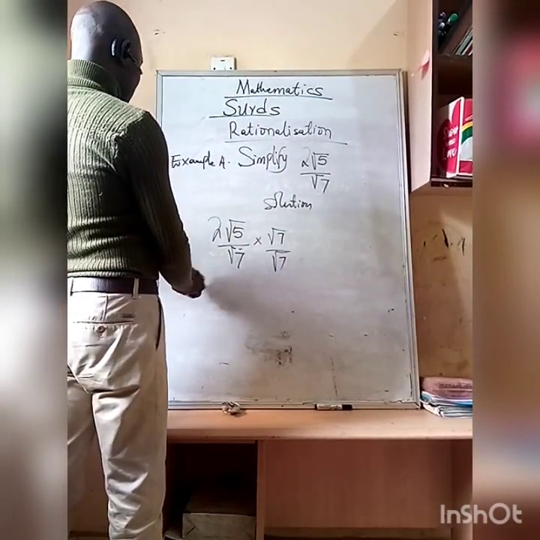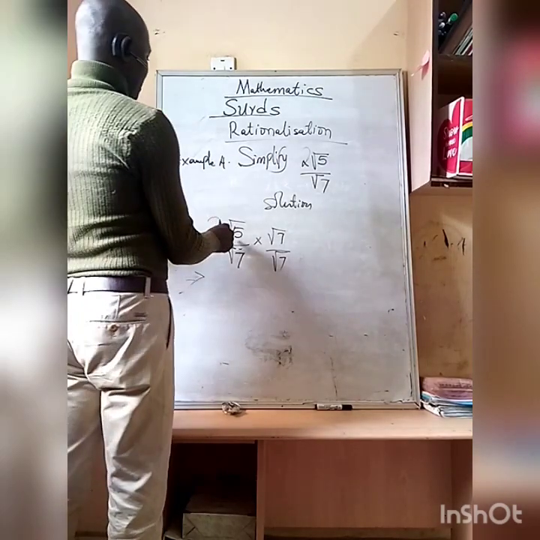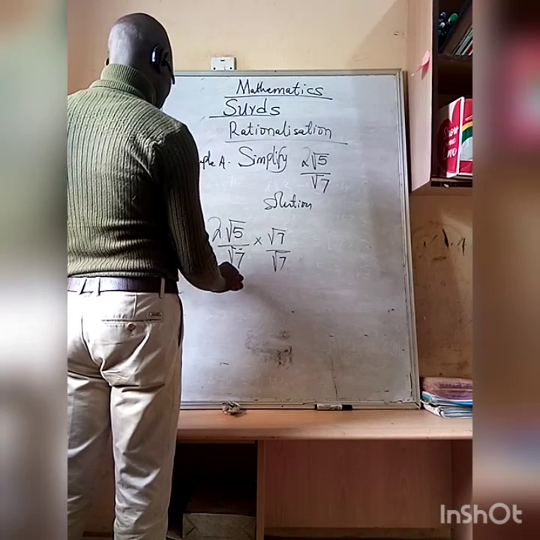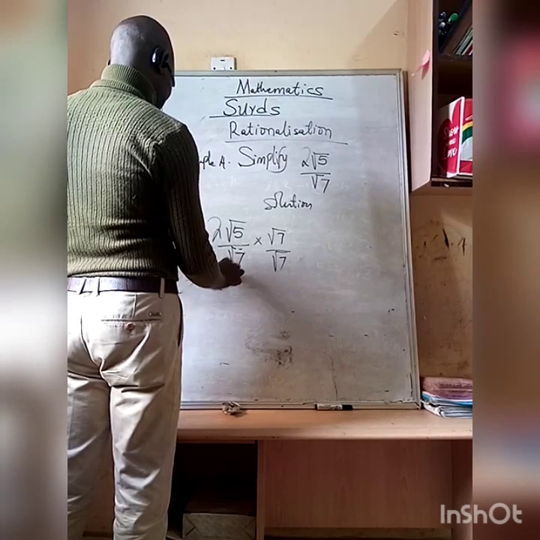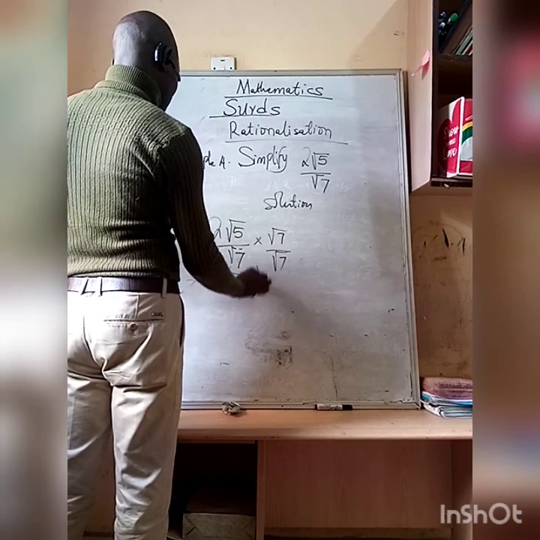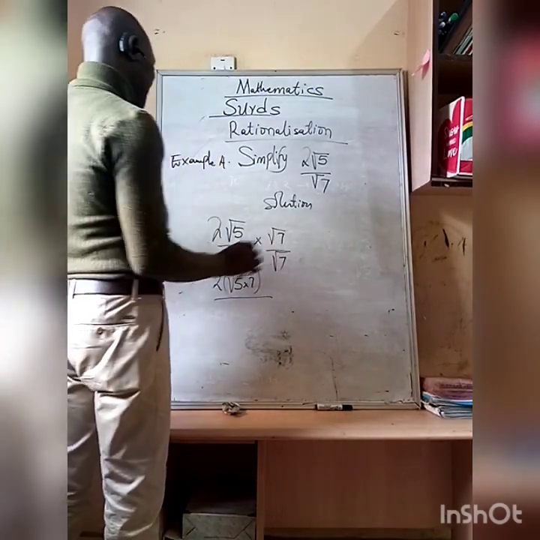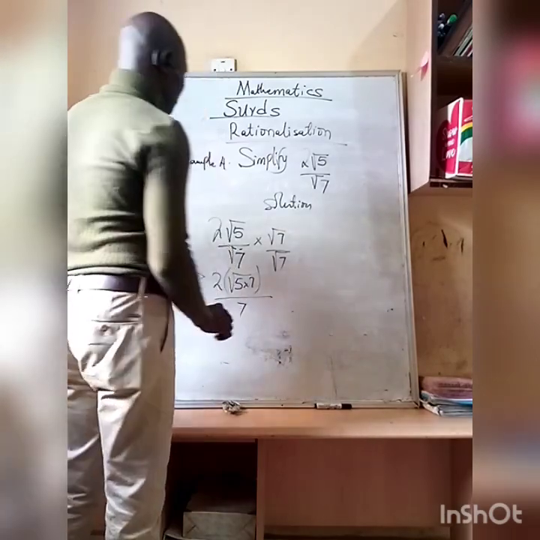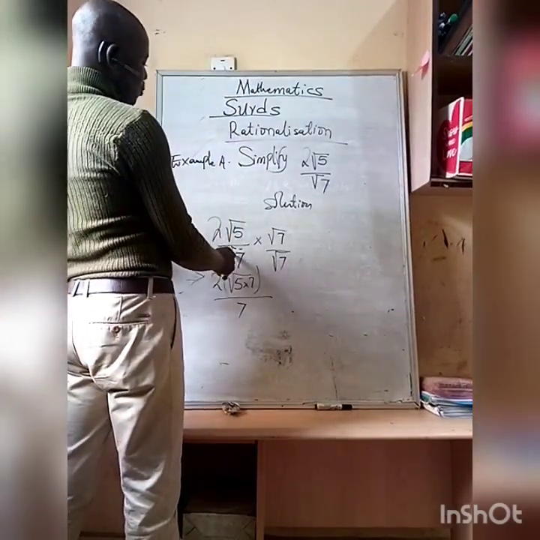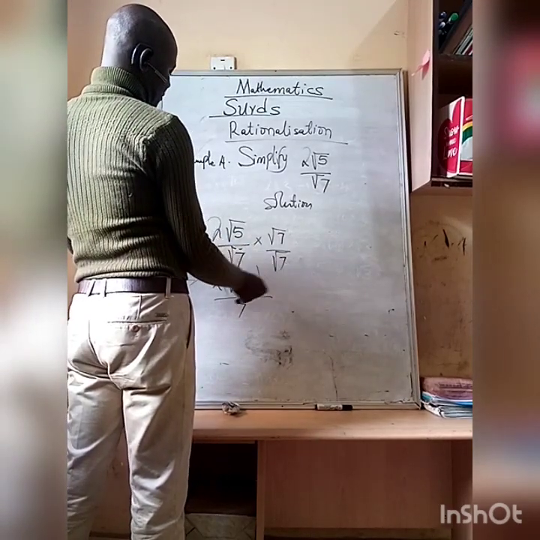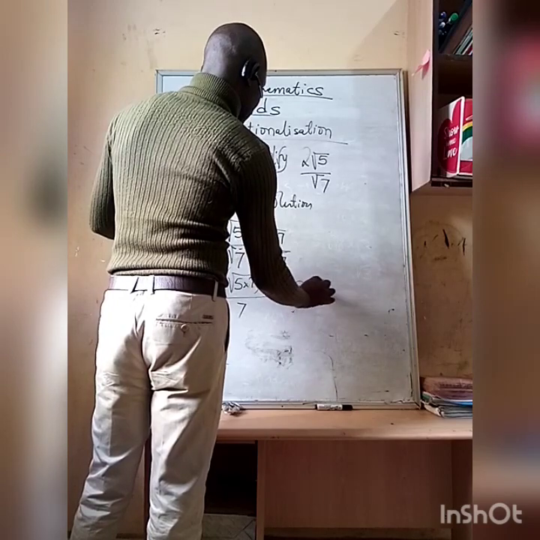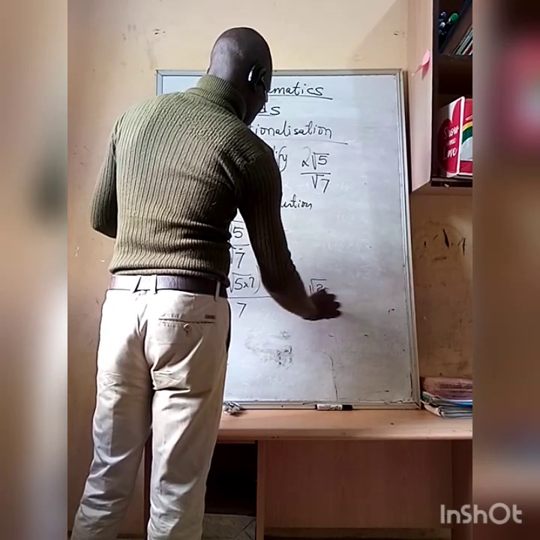So considering our multiplication rule, we now have 2 into √5 times 7 all over, and don't forget that it is all over 7. Don't forget that √a times √a is equal to a. So √7 times √7 is equal to 7. So we are now going to have 2√35 all over 7.